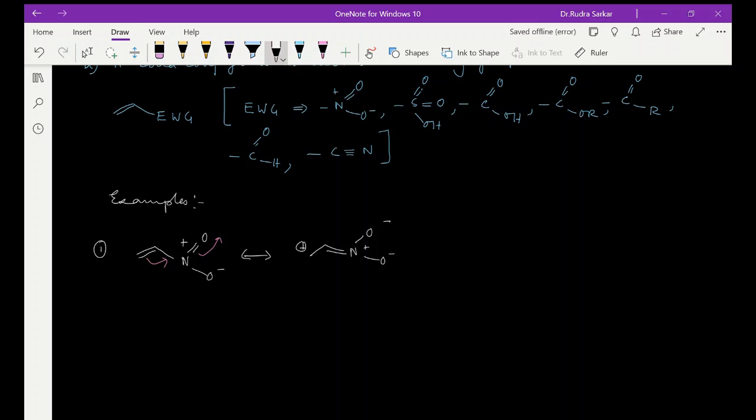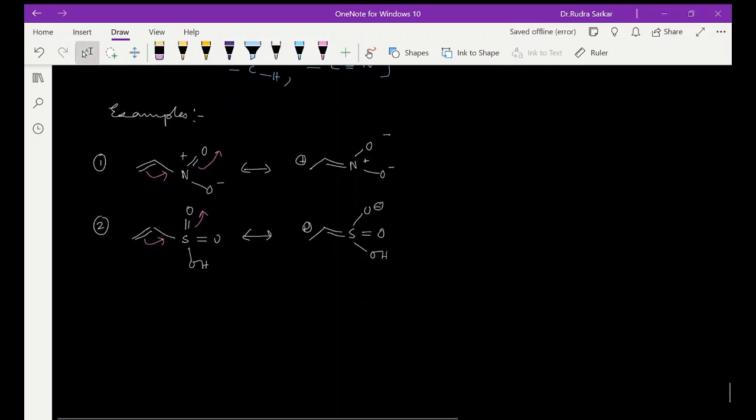Similarly, say for the SO3H, one can think of the electron withdrawal taking place in the following manner. Okay.